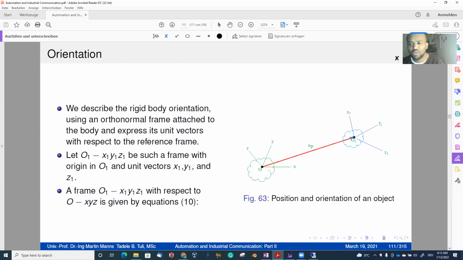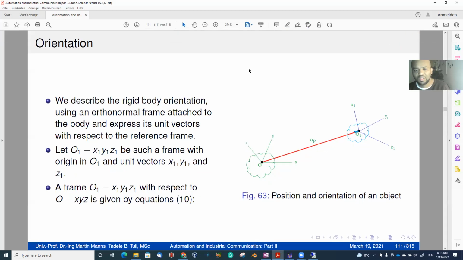So this position and orientation in general gives us a complete representation with x, y, z, as well as rotation about x, rotation about y, and rotation about z. So this is what we see as a point in space, for example, for O x, y, z, and for O1 x1, y1, z1, and there is a distance between O and O1, as you see on this figure.